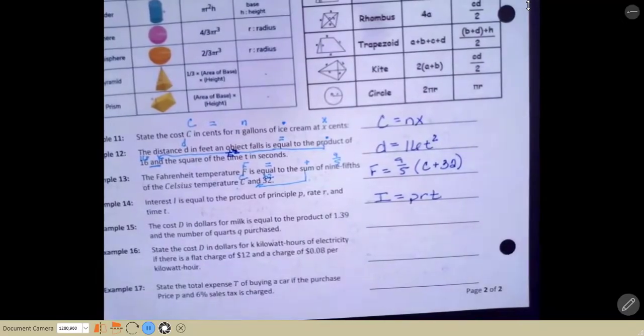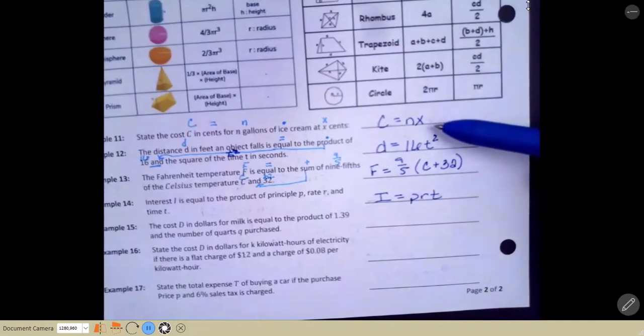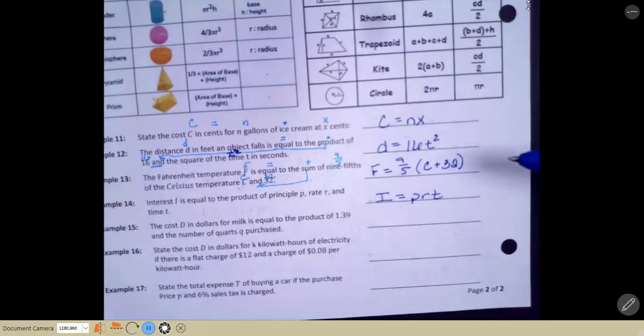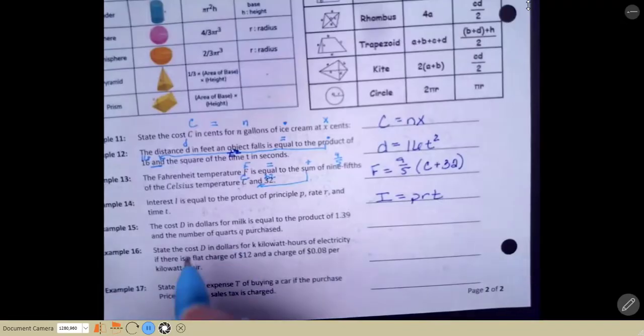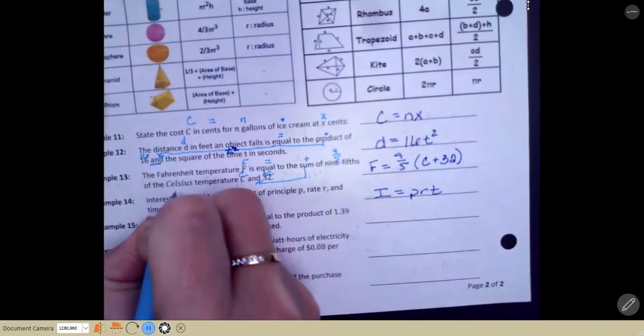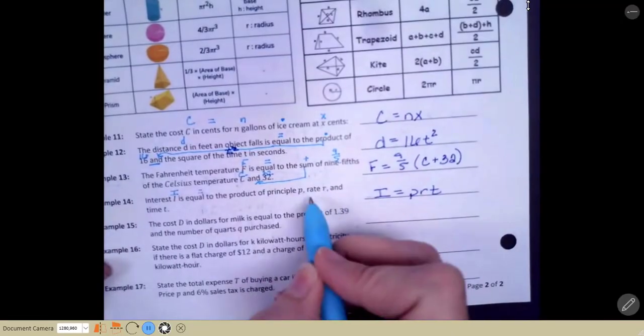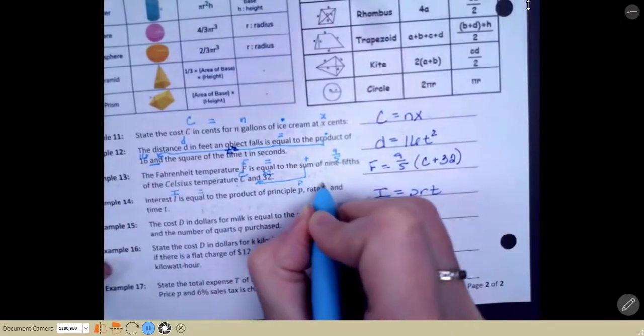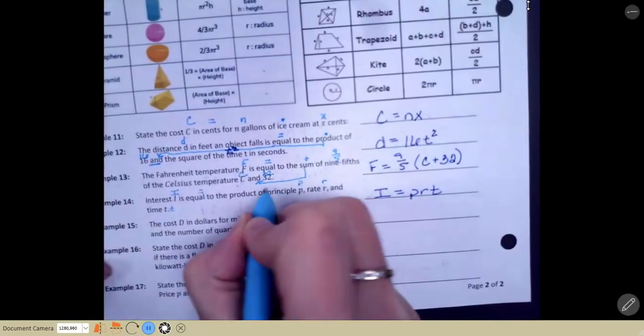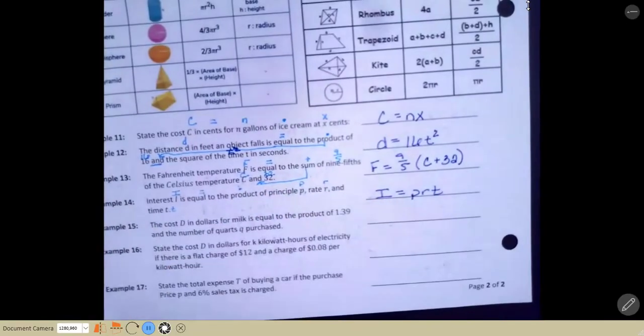We won't use that much. This isn't a regular formula we use, but this would be a formula we would use to solve a word problem. Okay. So if you're wondering how we get this, it's I is equal to the product of all three of these together. So P, R, and T. Product is just, you're going to multiply all three of those together.